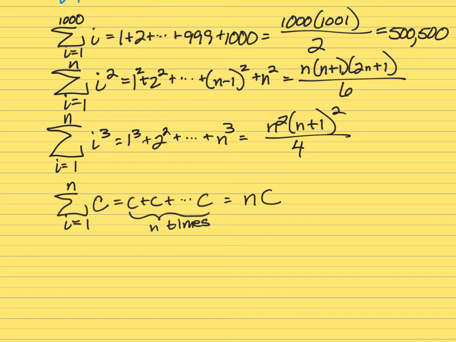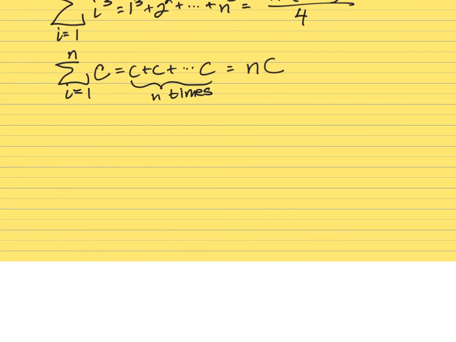Now, finally, here's the last thing. If I have a constant times some function, the sum from i equals 1 to n, and a sub i is some formula involving i, and this is basically just a coefficient in front of that formula, like 6i or 7i or 12i squared, right?